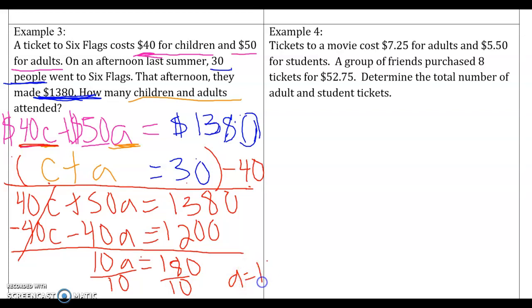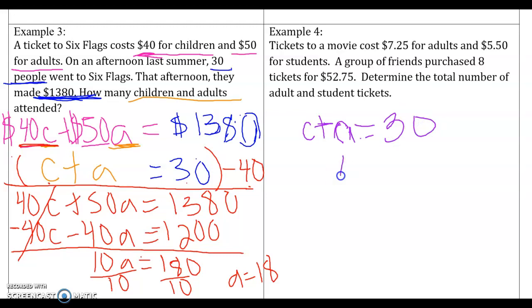And A is 18. Okay, and now I'm going to solve for how many children we have. You could use the first equation or the second equation. This time I'm going to use the second equation because there are fewer numbers. It's just C plus A equals 30.